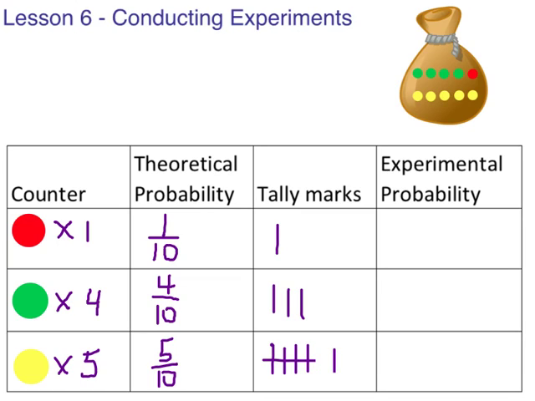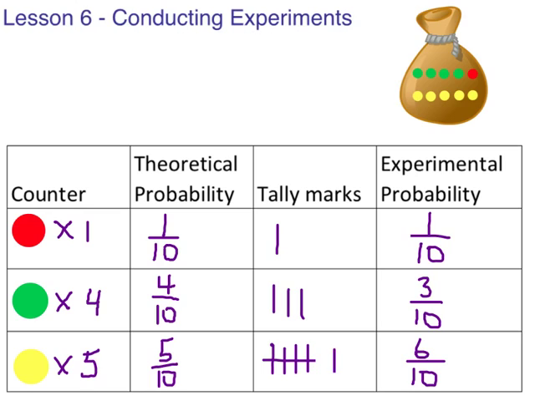So because we pulled 10 counters out, 1 out of 10 were red. So we write 1 out of 10. 3 out of 10 were green, and 6 out of 10 were yellow. This is what actually happened when we tried the experiment.